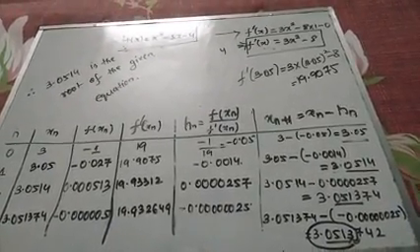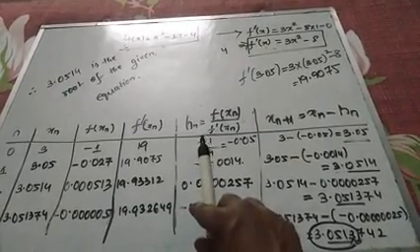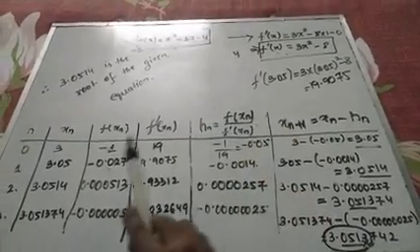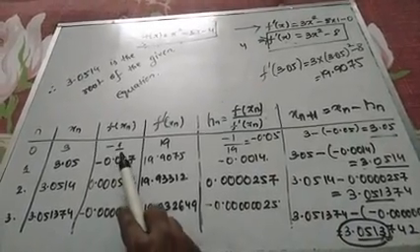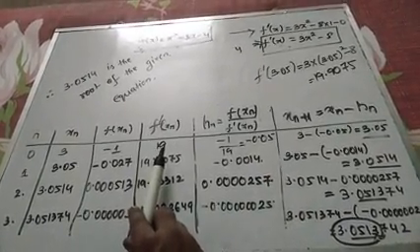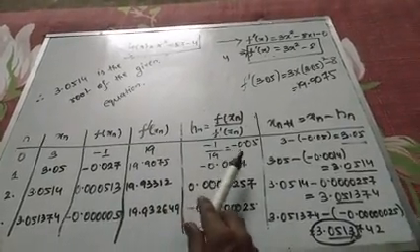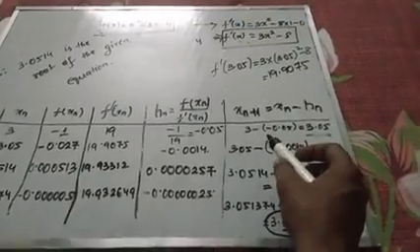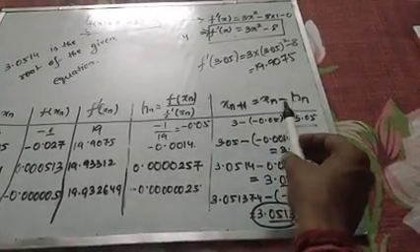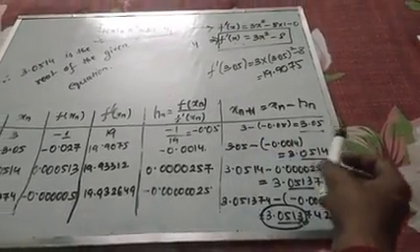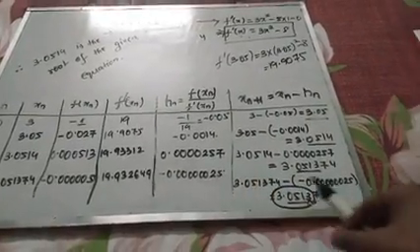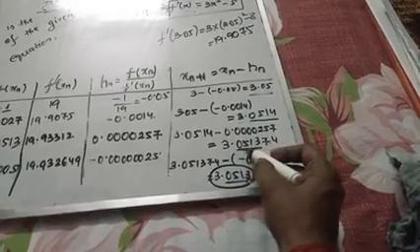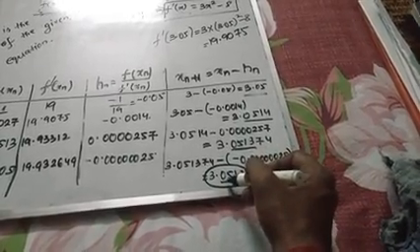Then we have to find hn. Hn is nothing but f of xn divided by f dash of xn. F of xn we found is minus 1 here, and f dash xn is 19, dividing minus 1 by 19 we got minus 0.05. Then xn plus 1 equals xn minus hn, just putting the value and subtracting them, and in a similar way we proceed until we get the same numbers up to 4 decimal places.